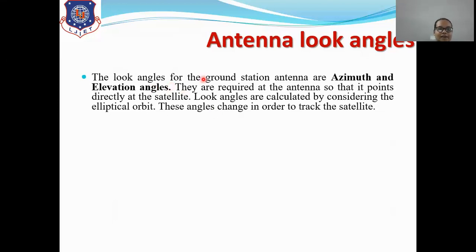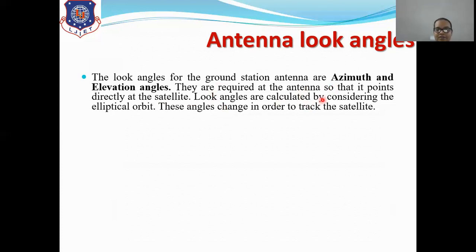The look angles for the ground station antenna are the azimuth angle and the elevation angle. They are required at the antenna so that it points directly to the satellite. So the antenna should be placed correctly so that the satellite signals are directed to that particular antenna.